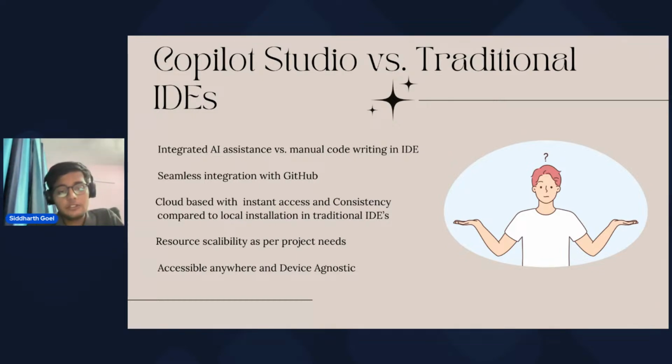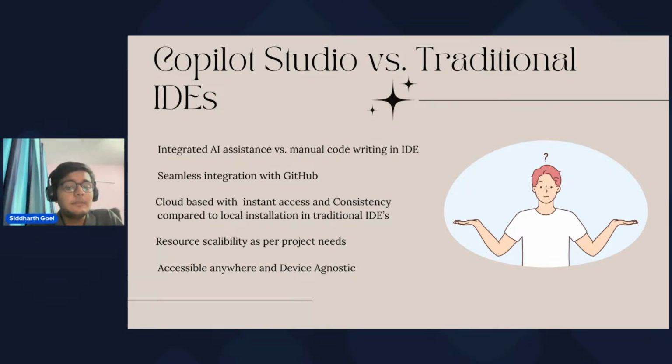Then seamless integration with GitHub. Copilot Studio can be easily integrated with GitHub, as it can easily maintain all the workflows that are necessary for the developmental cycle. So integration with GitHub is not a challenge here. Version control has been taken care of. Next is cloud-based. Copilot Studio is cloud-based with instant access and consistency compared to local installation and traditional IDEs.